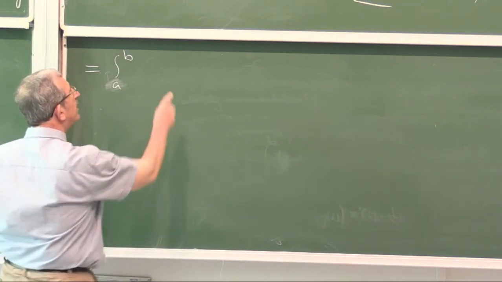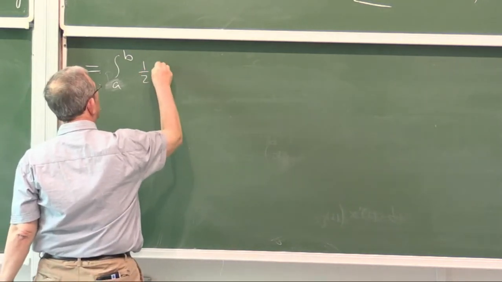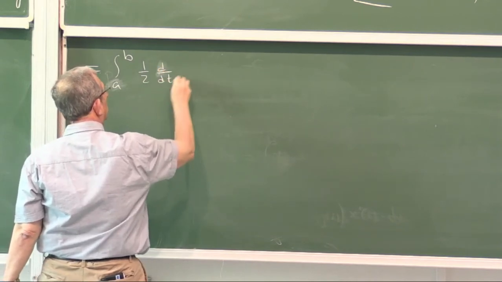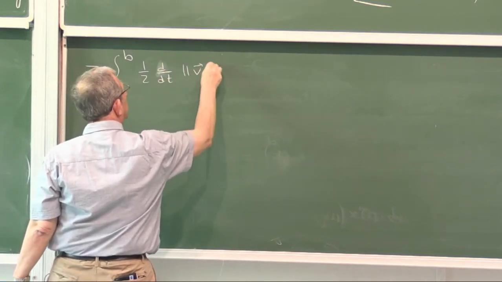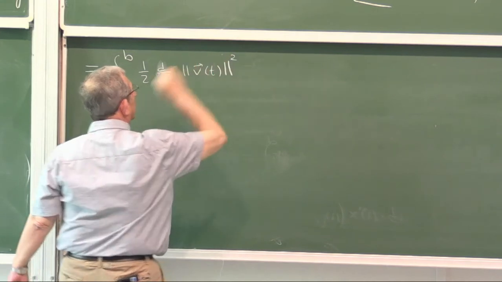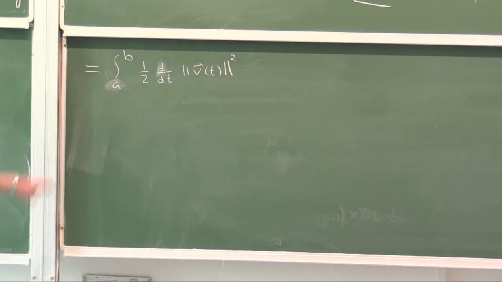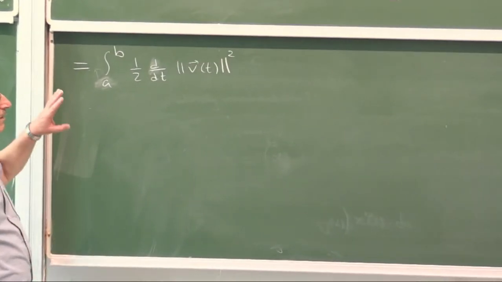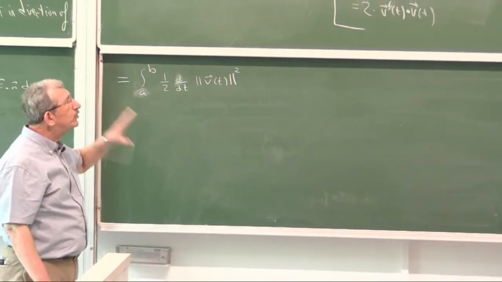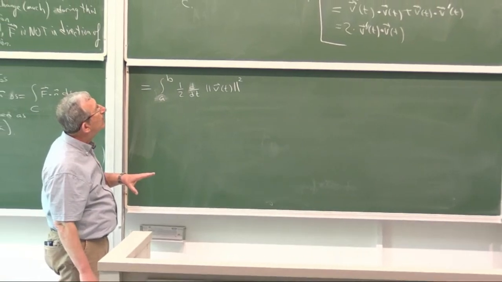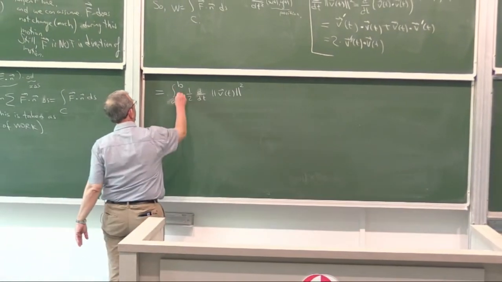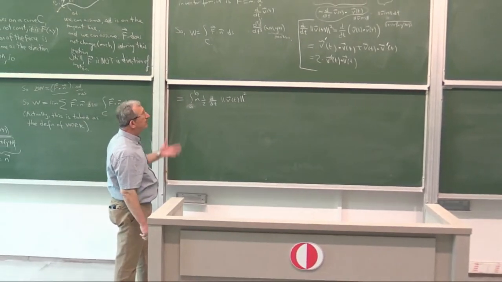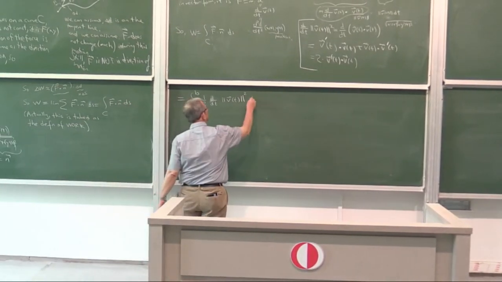I would have here 1/2 of the derivative of length of v of t squared. I can write this instead of v prime dot v. Well, what else do I have here? I have an m, and the rest is just dt.